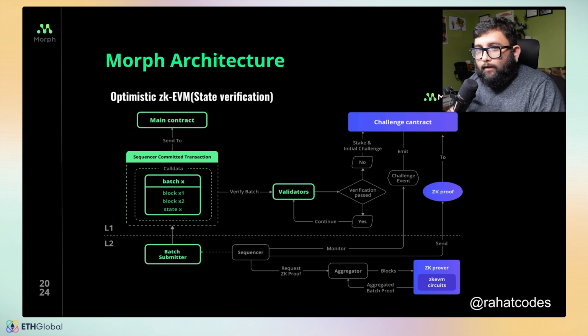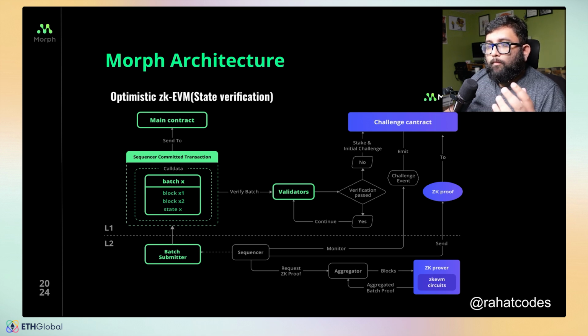In the case of a validator, if it initiates a challenge and it is incorrect regarding that challenge, those funds will be slashed. In the case of the sequencer, if a challenge is initiated and it cannot prove that the transaction is what it should be, its funds get slashed. So there's incentives on both sides to make sure there's no malicious behavior.